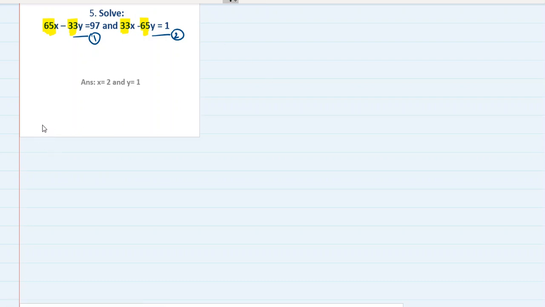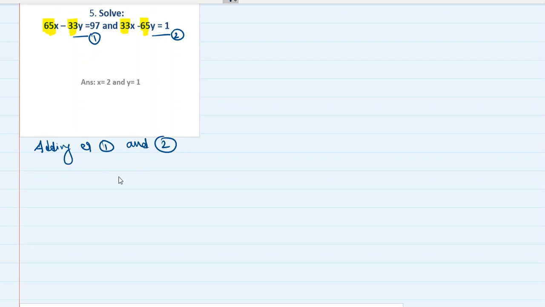And what is that? See, I'll tell you. The first step which you are going to do is, whenever the coefficients are interchanged in both the equations, with big numbers, you can do this: add equations 1 and 2 directly.